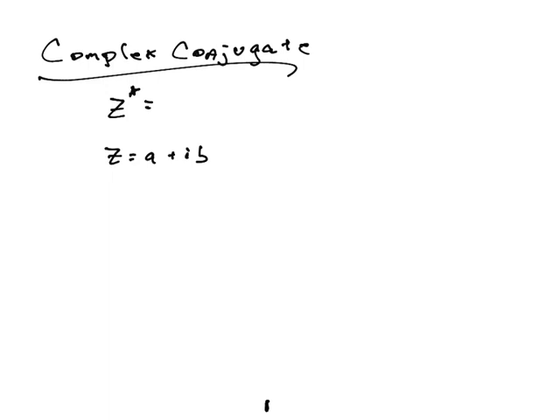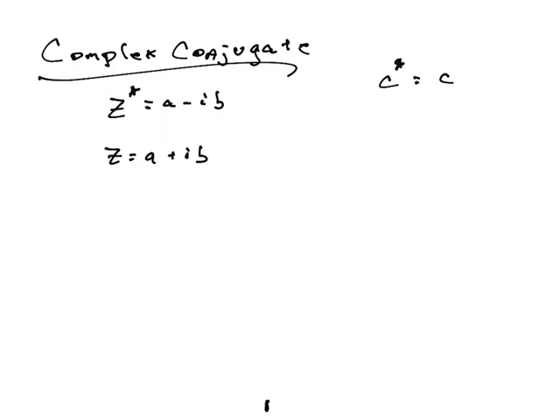So, if z is a plus ib, then the complex conjugate of z is a minus ib. Okay? Notice, this is a new operation that we've never heard of before because it doesn't do anything to real numbers. If we have a real number c, and we take the complex conjugate, well, it's just c. There's no I anywhere, so there's no sign to have to change.